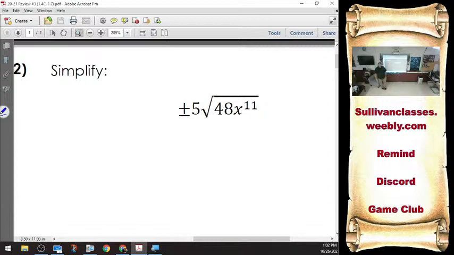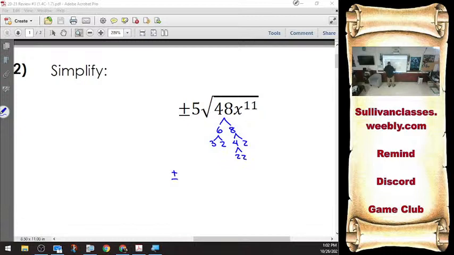What times what makes 48? 6 times 8. 3 and 2. 8. Any of those? 4 and 4. Could go with 2 and 2.